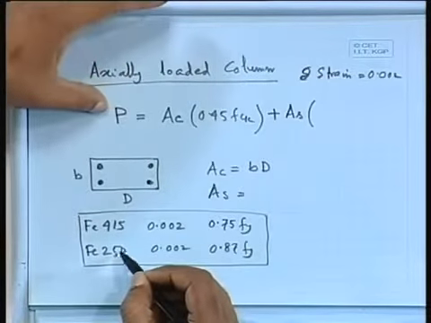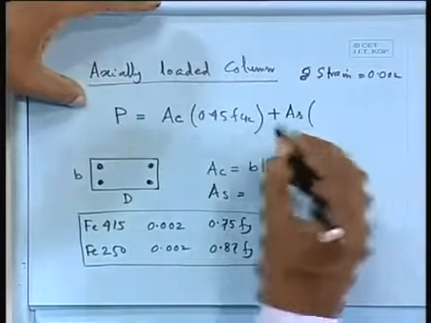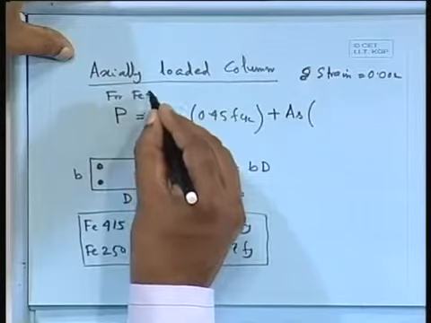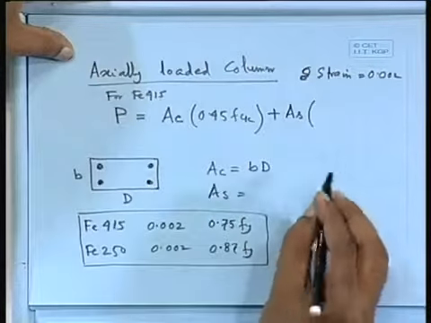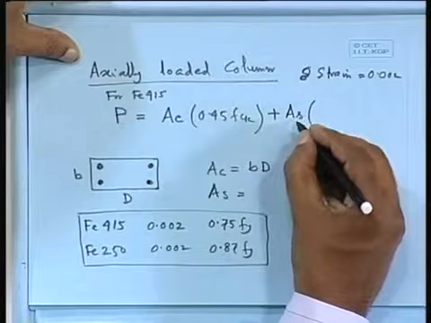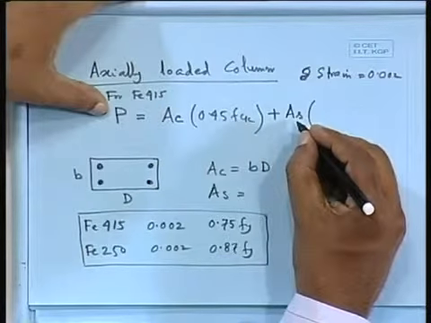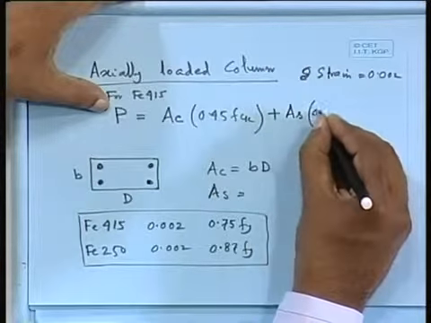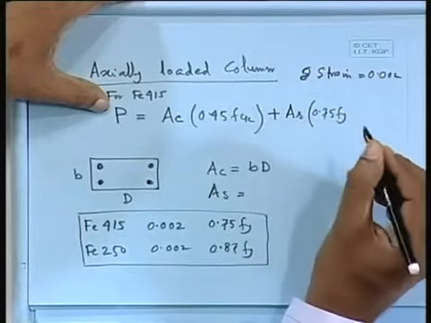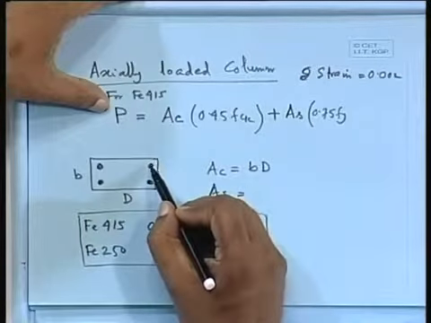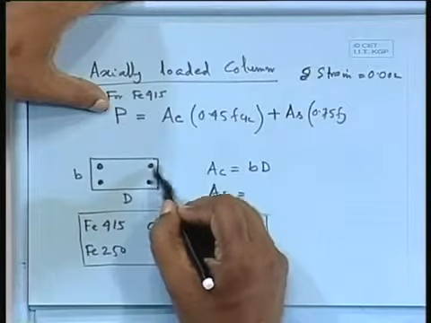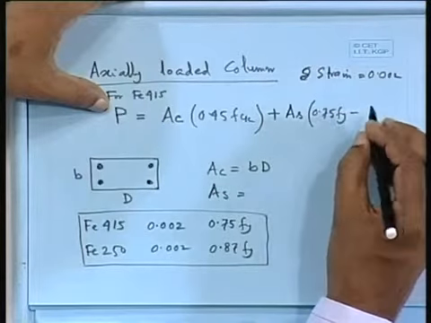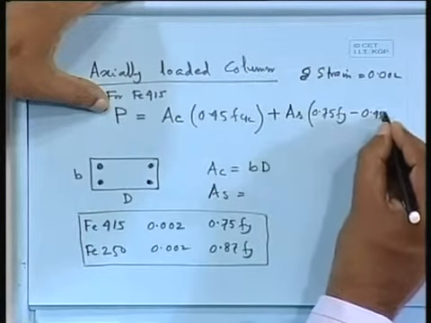So if we now take Fe415, let us write down here for Fe415. The maximum load it can carry is this one for concrete plus AS times 0.75 FOI, but we have already taken the concrete portion. So let us remove that concrete area, instead of that we can make it 0.45 FCK.